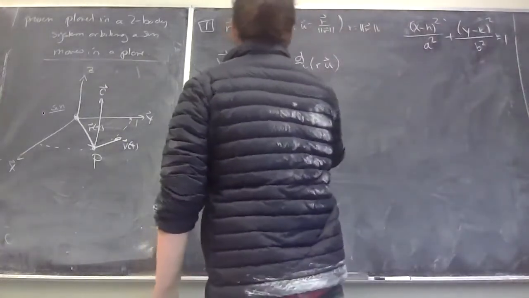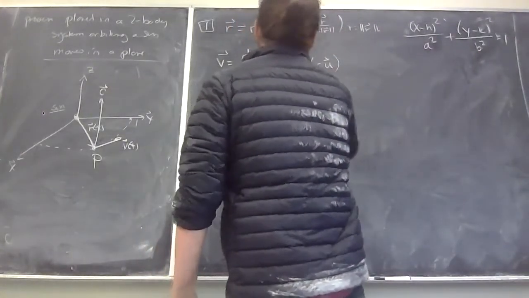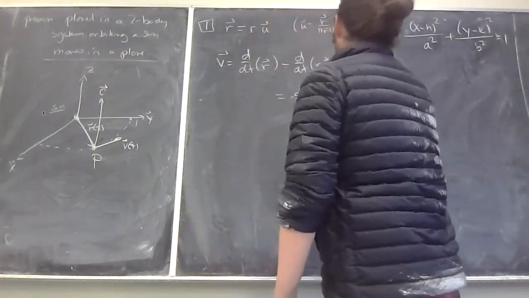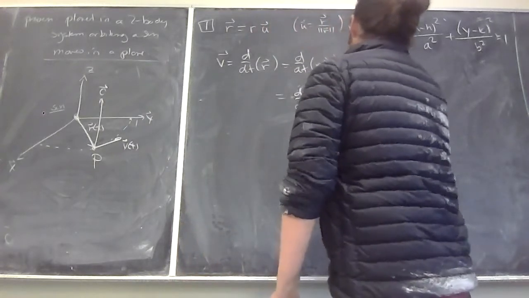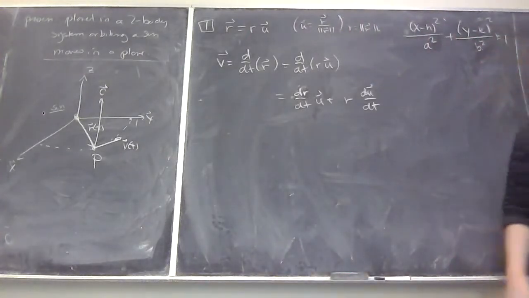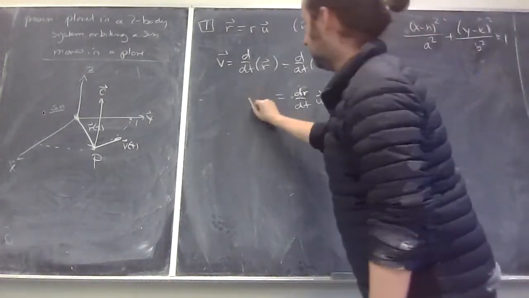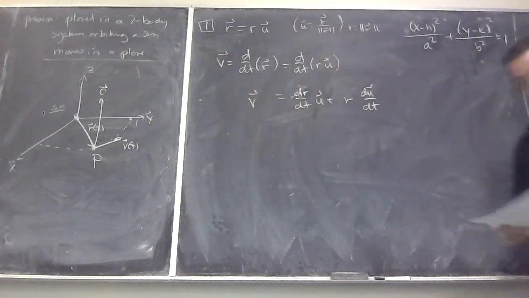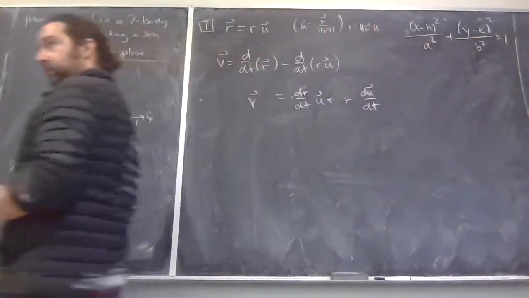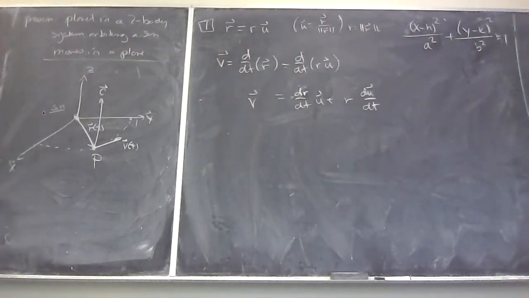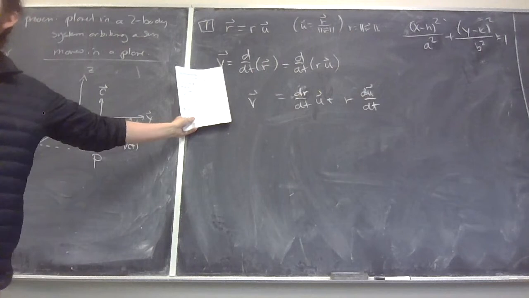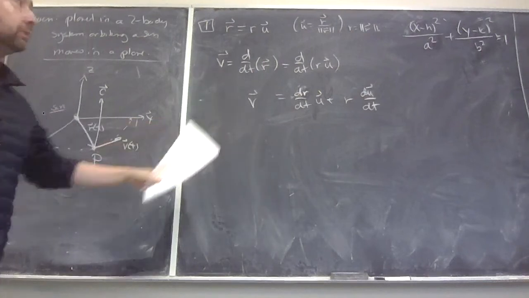So I can use the regular product rule to write dr/dt u plus r times du/dt. Make sense? So I'm just getting another expression for the velocity vector, basically. Kind of what I'm doing here.